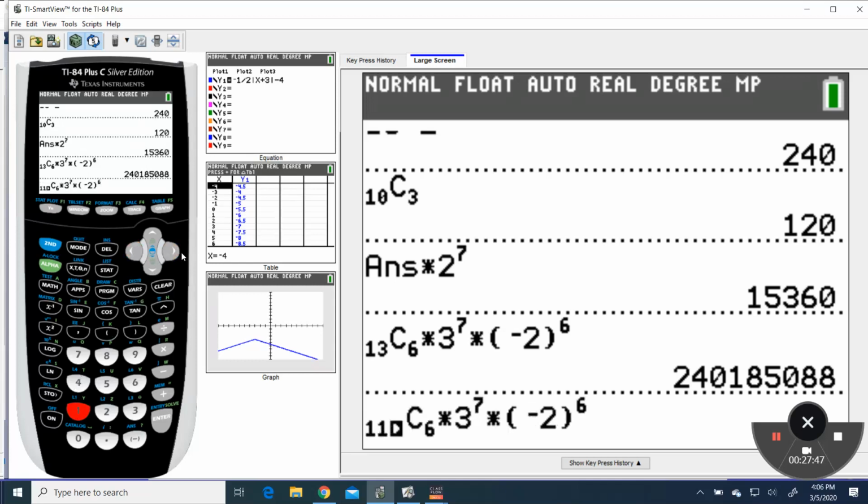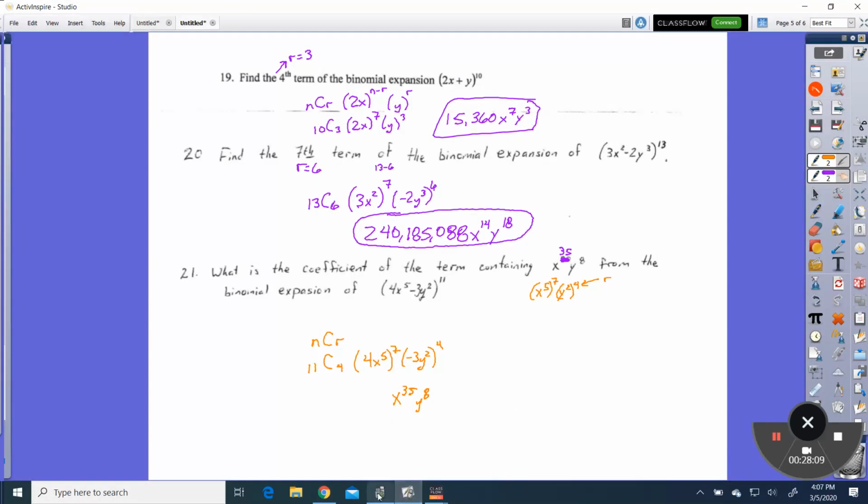Make that 11C4. And then times 4 to the 5th. Nope, 7th. 4 to the 7th.